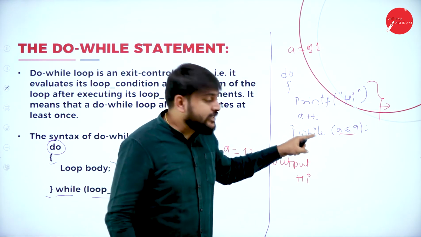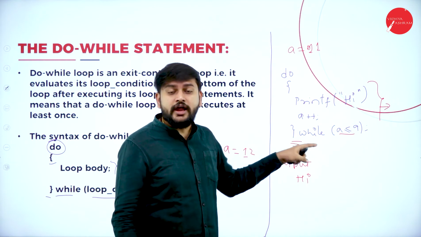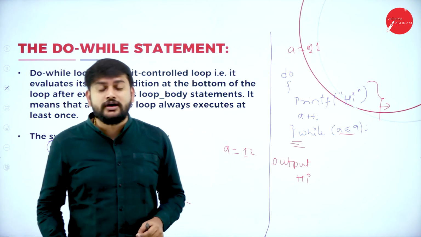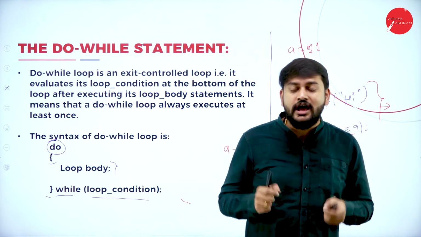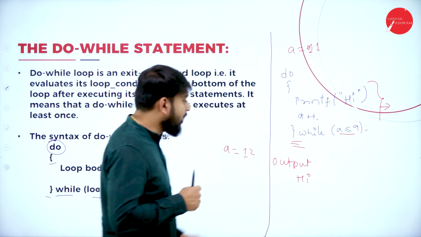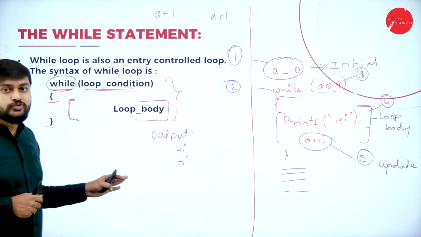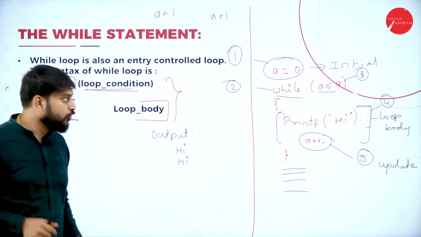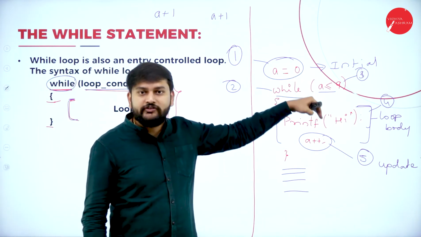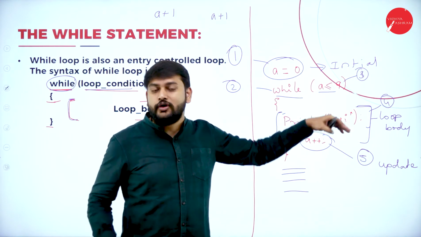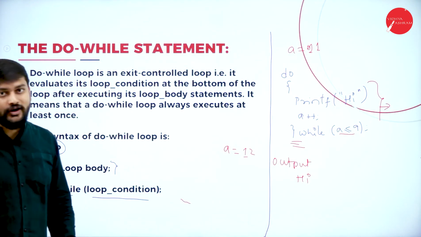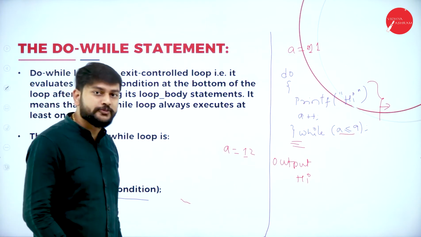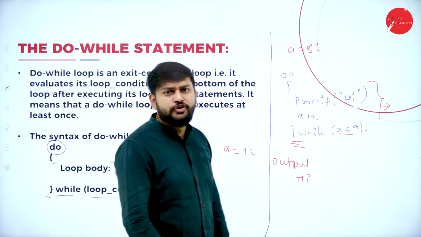So this type of loop is what I will call an exit control loop. But when it comes to the other one, this is what I will call an entry control loop, because you have the condition whenever you are entering. So this is the entry control loop, and this is the exit control loop. So you understood two loops.